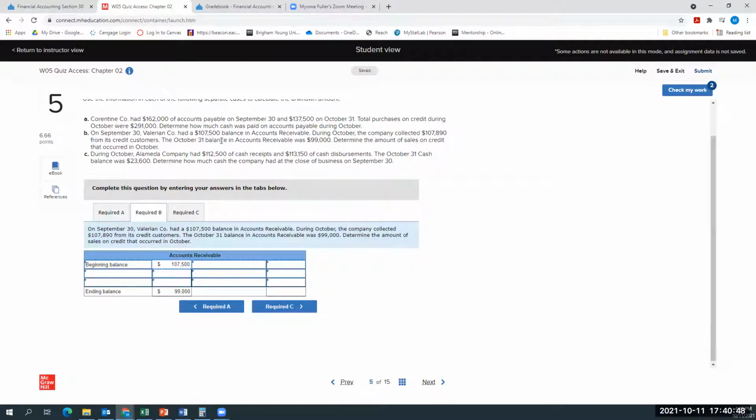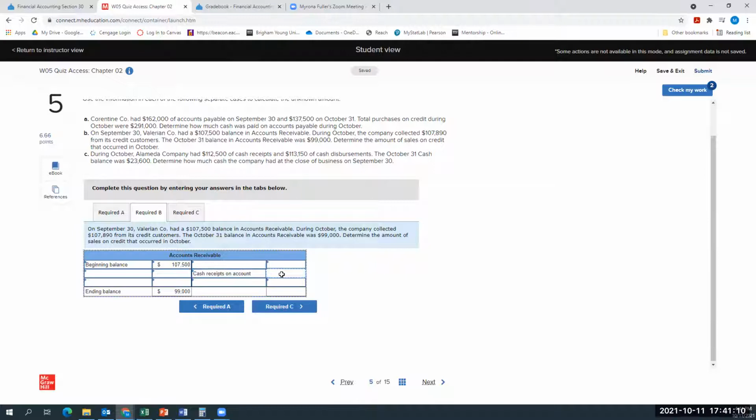And then it says that during October, we collected $107,890. So when we collect money, that's going to be a credit to our accounts receivable. Cash receipts on account, in other words, money we collected.